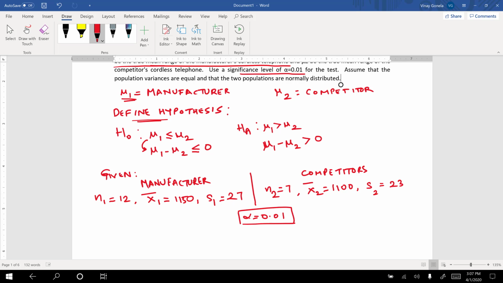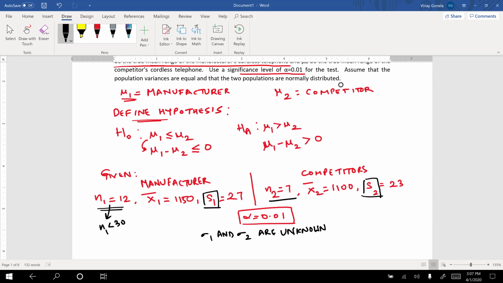To determine which test this problem needs, we look at the data. We have s1 and s2 given, so we don't have sigma 1 and sigma 2. Sigma 1 and sigma 2 are unknown, and our sample sizes n1 is 12, which is less than 30, and n2 is 7, which is less than 30.